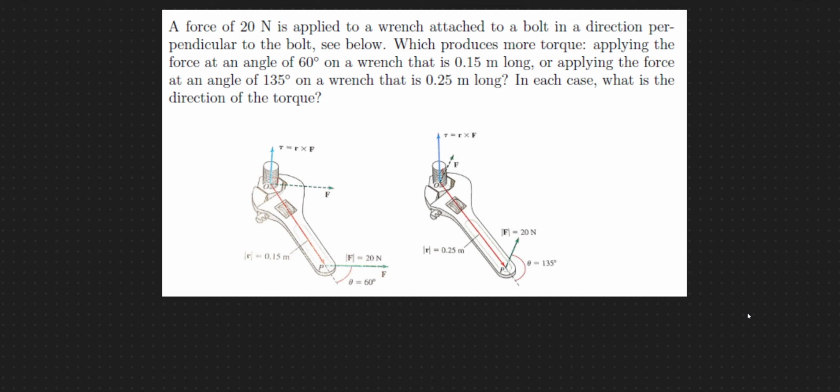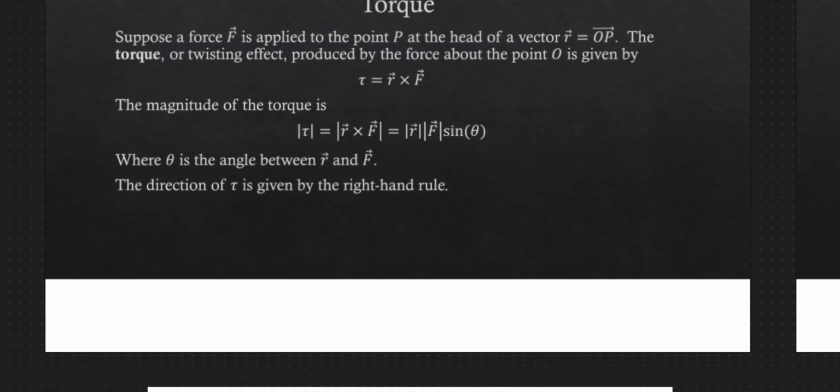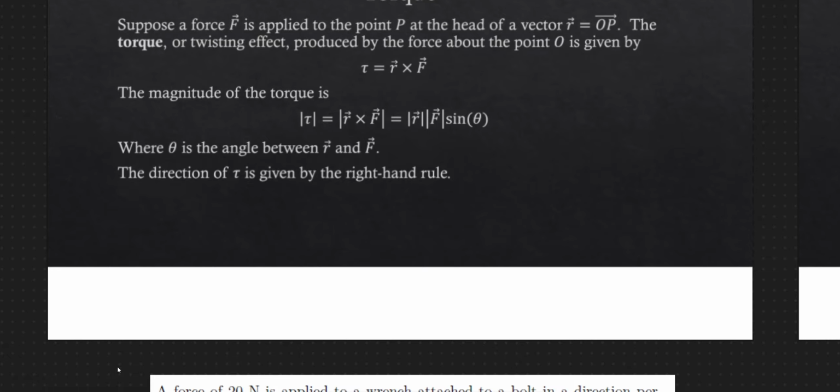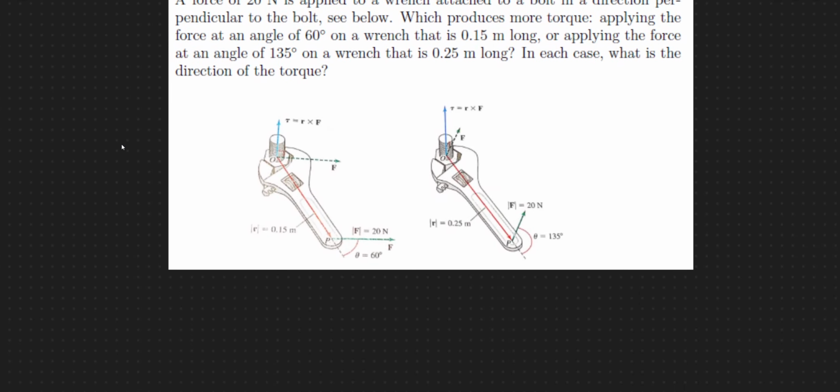The idea is to look at what information you have to figure out what's going to be the easiest calculation. In this case, we're given the magnitude of the force, the magnitude of the lever arm, and the angle between the two. So we want to use the magnitude of the torque is magnitude of r times magnitude F times sine of theta. I'm going to use that for both of these.